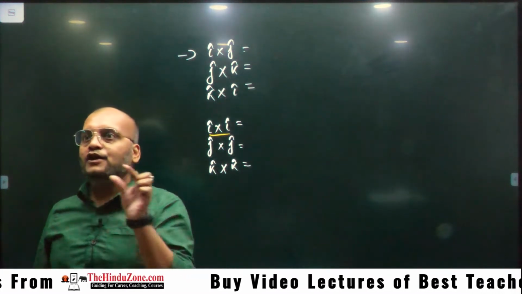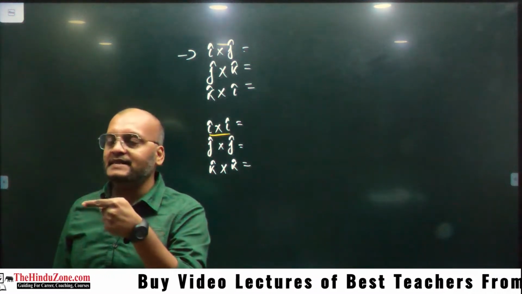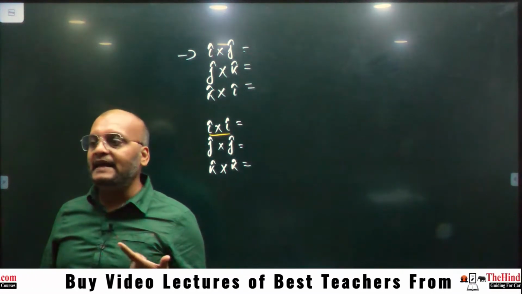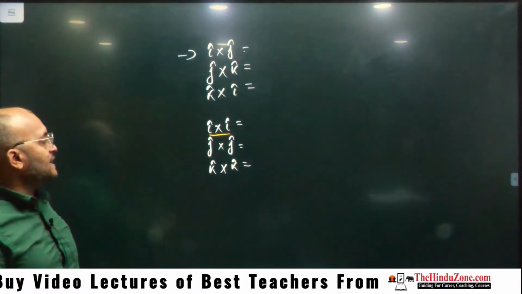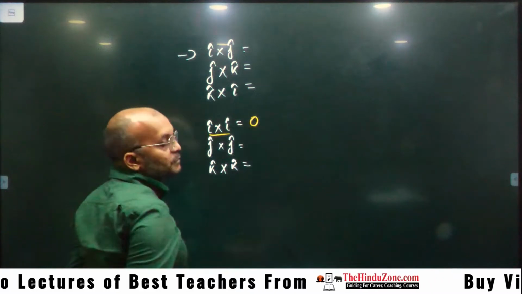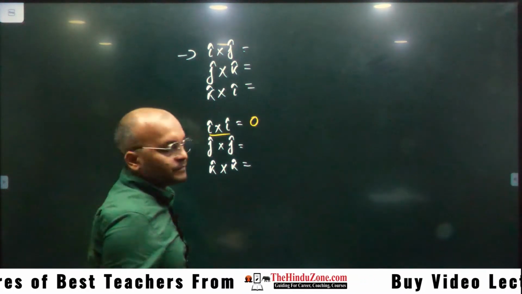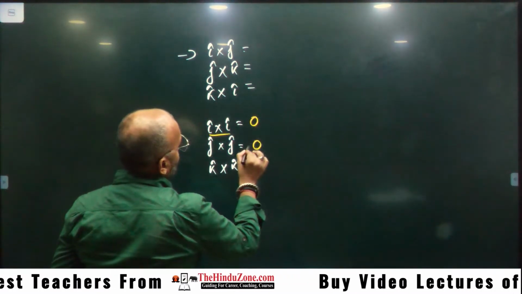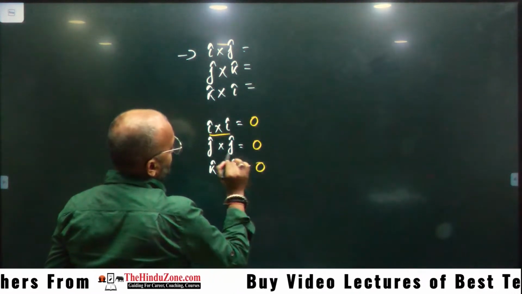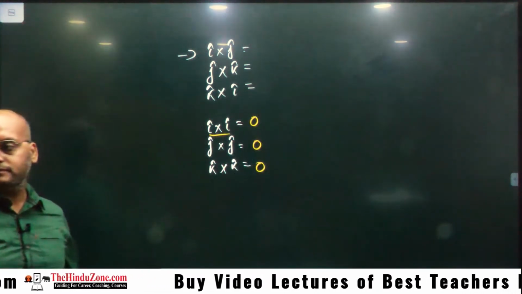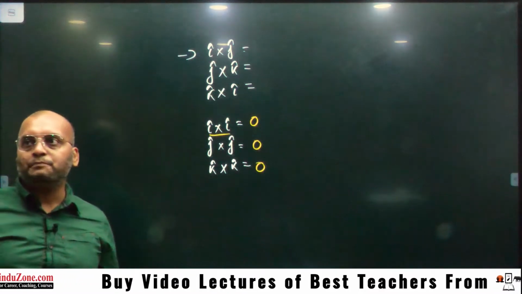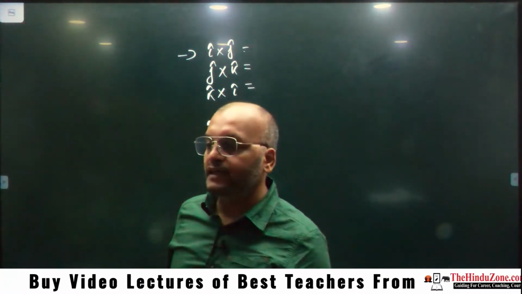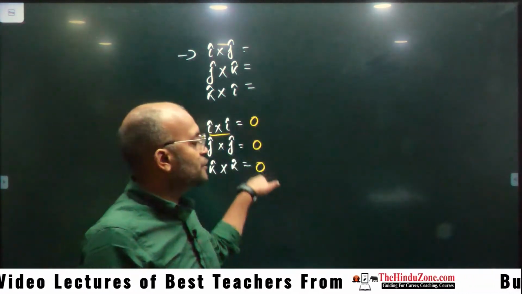I and I. Two vectors are along the x-axis. That is why you are getting I and I. So along the x-axis, that means 0, because sine 0 is 0. Both are along the y-axis, again 0. Both are along the z-axis, again 0. So if you are taking the cross product of the same type of orthogonal unit vectors, you are going to get 0.